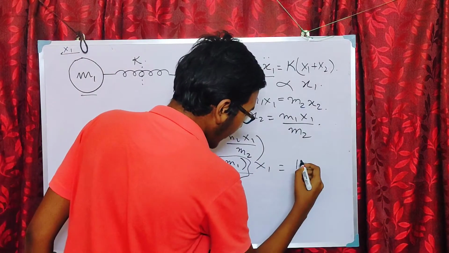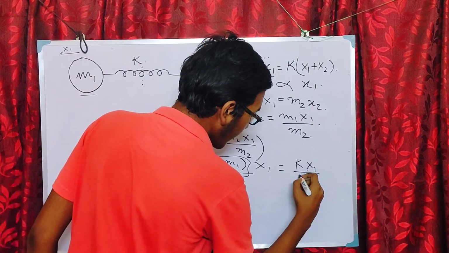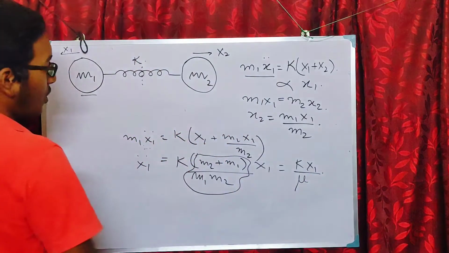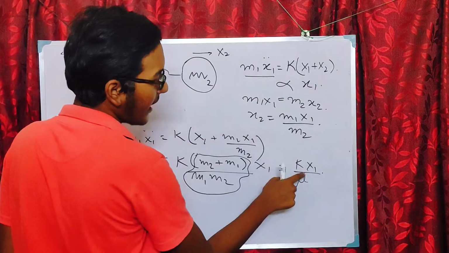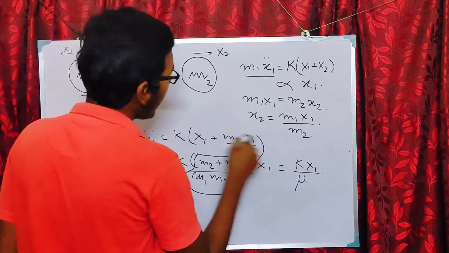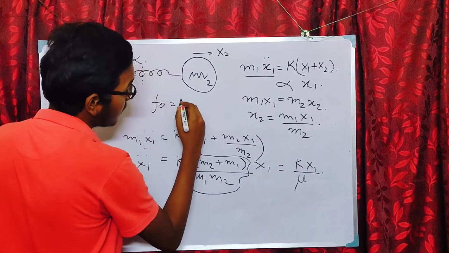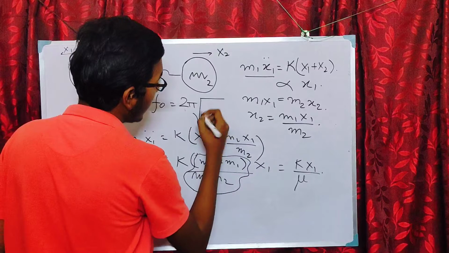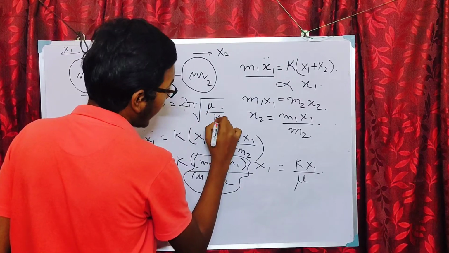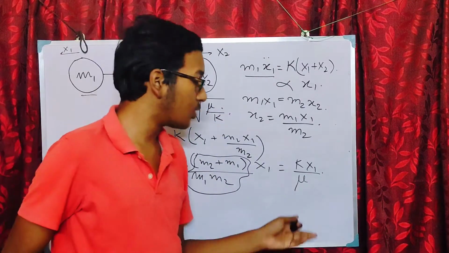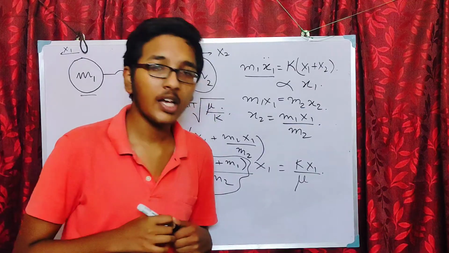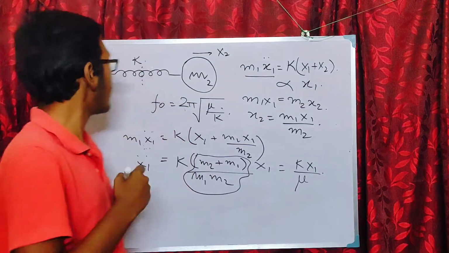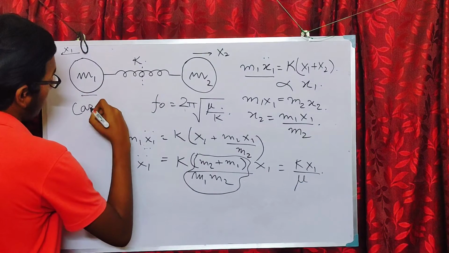So it would be k x1 by mu. So x1 double dot is equal to k by mu into x1, and the frequency is 2 pi root under mu by k. So this is case 1.